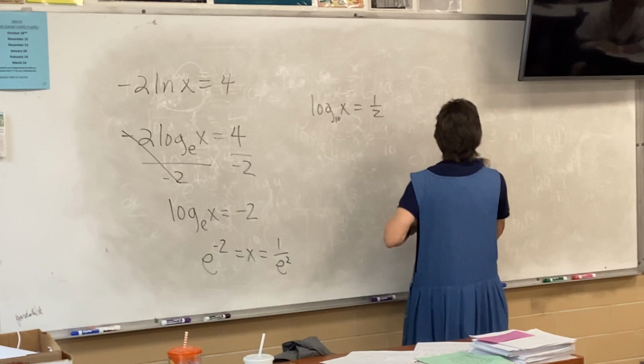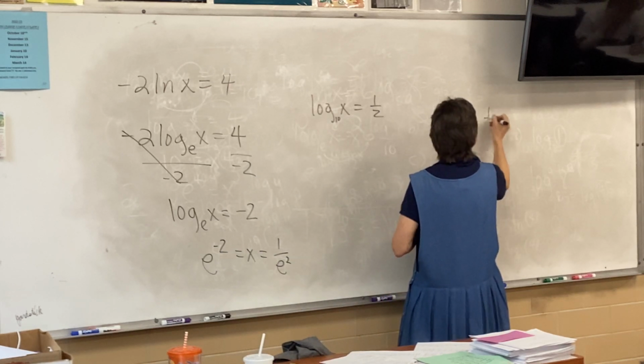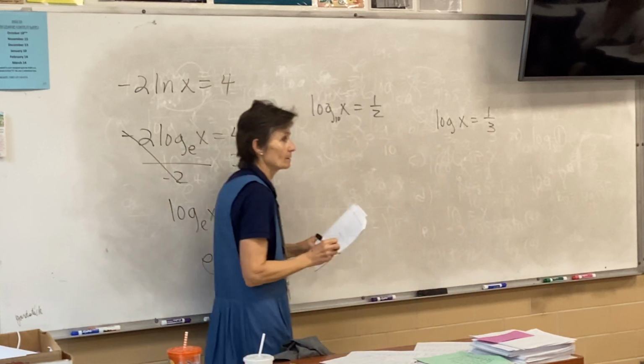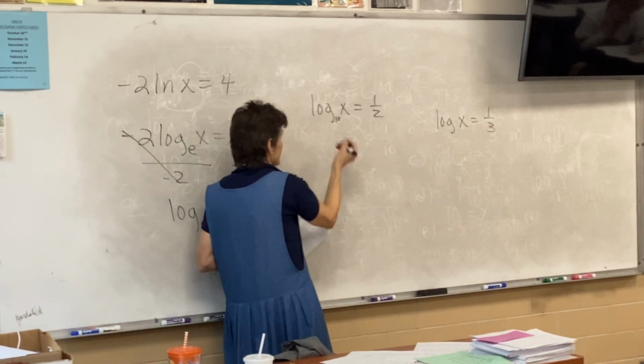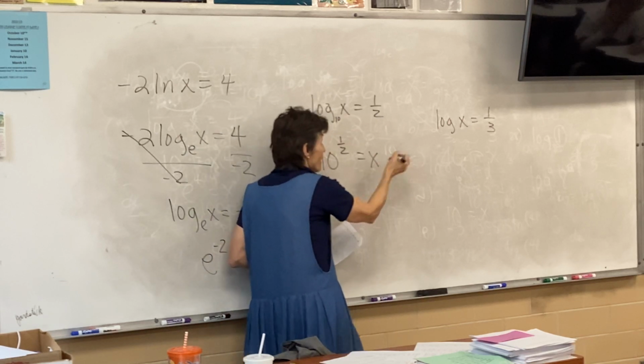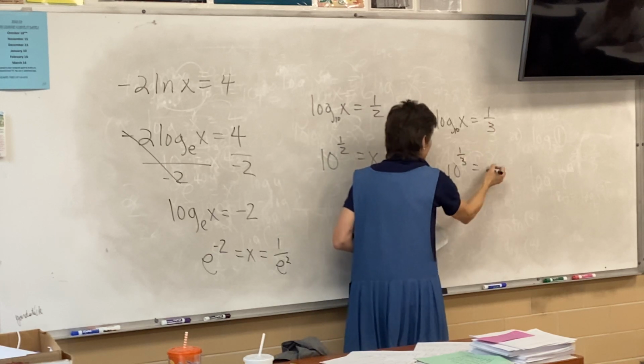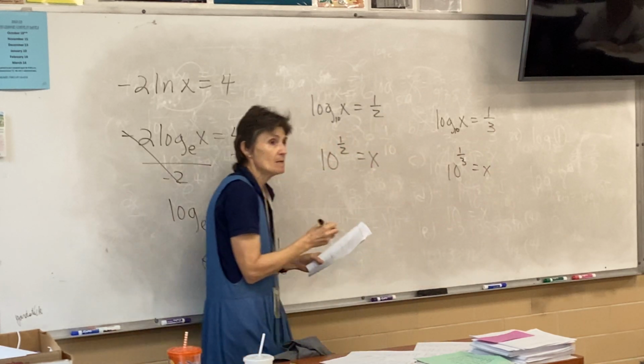And what's it gonna say when I rewrite it? Well, this one's gonna say 10 to the 1/2 equals x. This one will say 10 to the 1/3 equals x. They're almost the same problem.